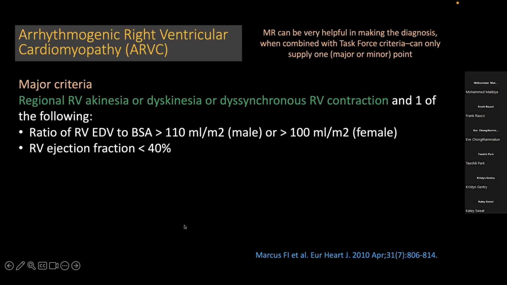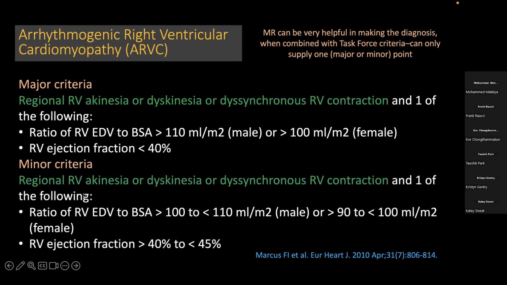So what's the MR criteria for the diagnosis? MR supplies one of the criteria in the modified task force criteria. We consider it a major criterion if there is focal wall motion abnormality of the RV with one of the following: either the ratio of end diastolic volume to body surface area is more than 110 in men or 100 in females, or RV ejection fraction is lower than 40%.